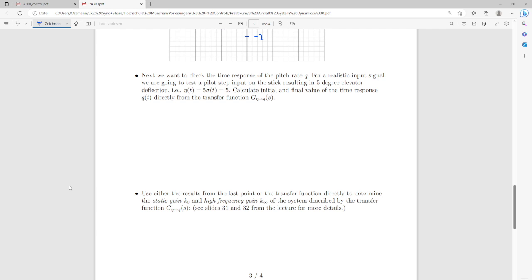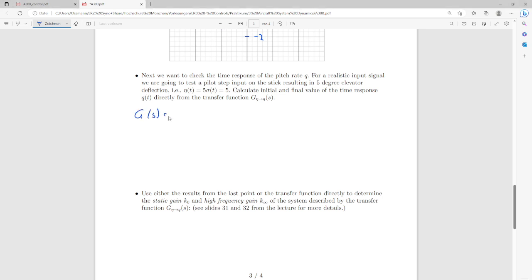For a realistic input signal, we are going to assume that the pilot is putting in 5 degrees of elevator deflection constantly, meaning that we have a step input with an amplitude of 5. And now we want to know the initial and final value of the time response q directly from the transfer function. Okay, so our transfer function, let's write it down one more time.